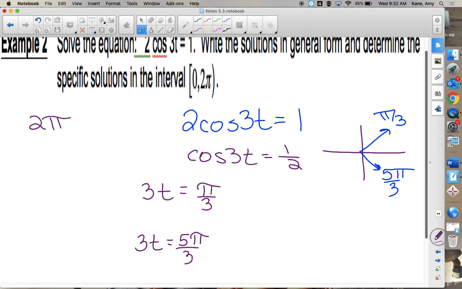That number is b, and it makes our 2 pi smaller. So it cuts it in thirds. So in theory, I now have 3 periods. That's what that number means. 3 periods from 0 to 2 pi. So how many angles do you think you would have then to correlate with the fact that we have 3 periods from 0 to 2 pi?